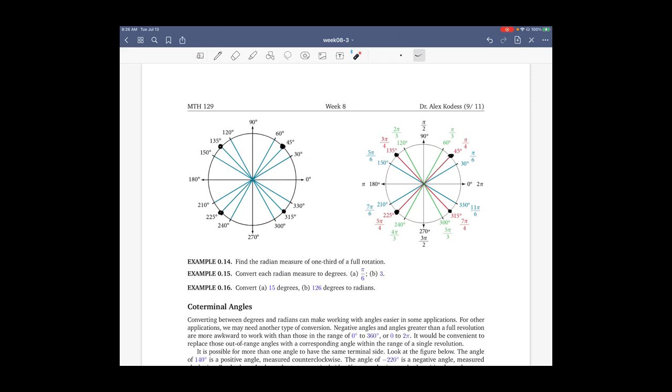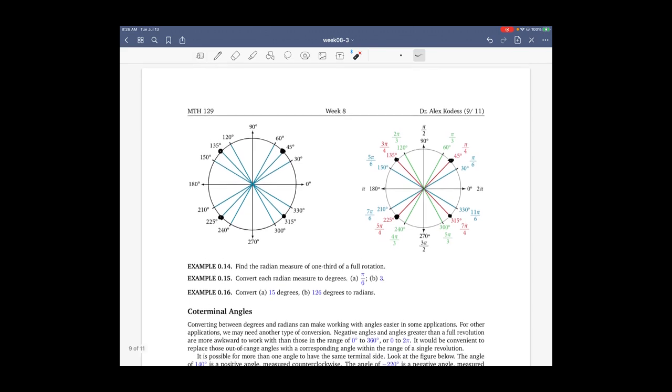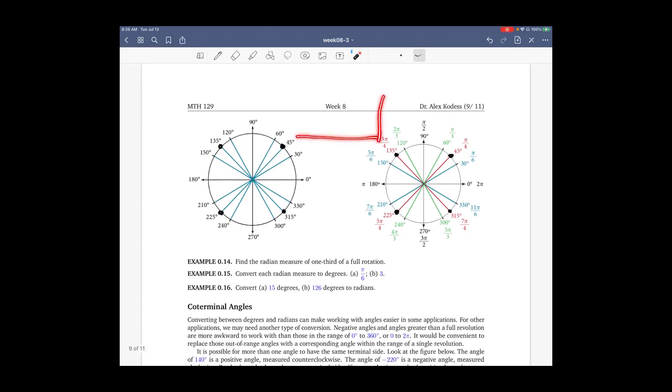Later on, we will discuss geometric meanings of other angles, such as, for instance, 30 degrees. When we get to right angle trigonometry, we will, for instance, say that in a right triangle, the leg that is opposite to an angle of 30 degrees, which is pi over 6, is half the length of the hypotenuse.